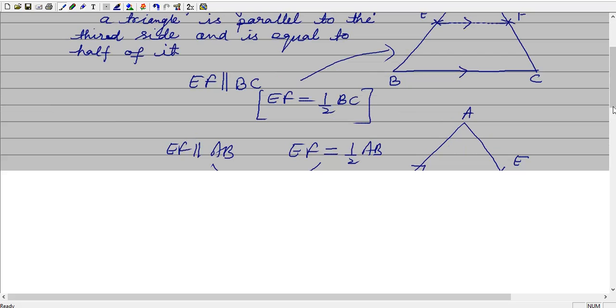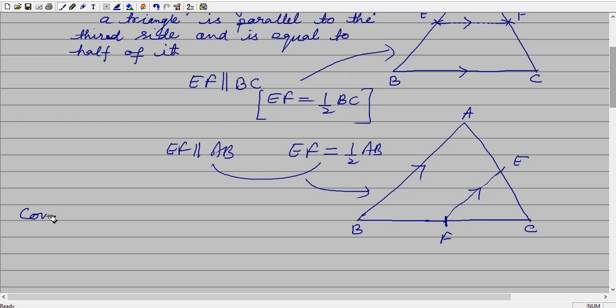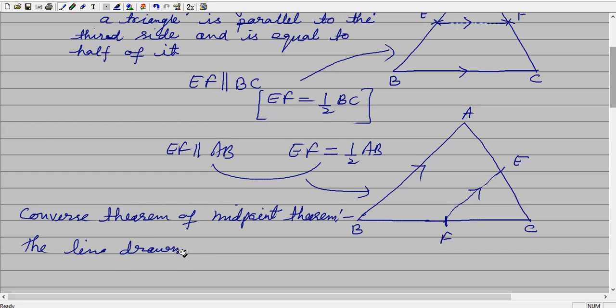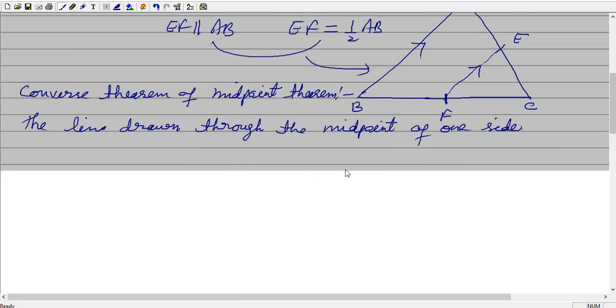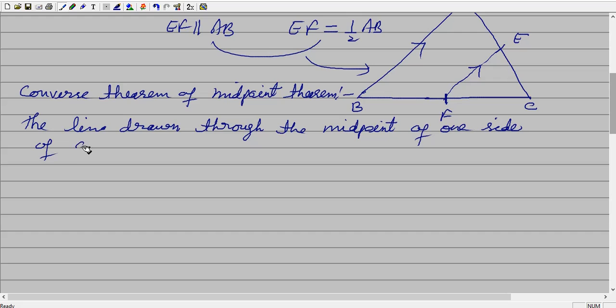For example, the converse of the midpoint theorem is, you can see the statement: the line drawn through the midpoint of one side of a triangle parallel to another side bisects the third side.